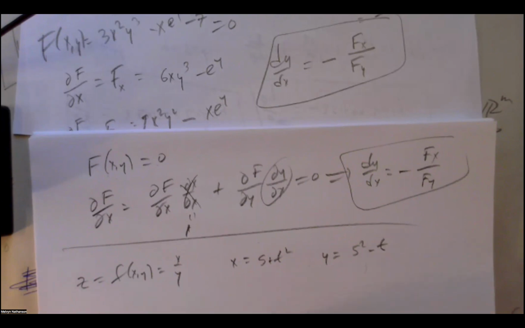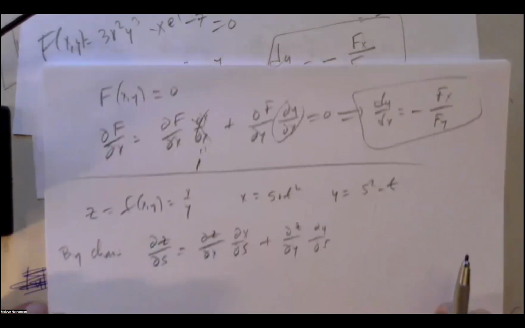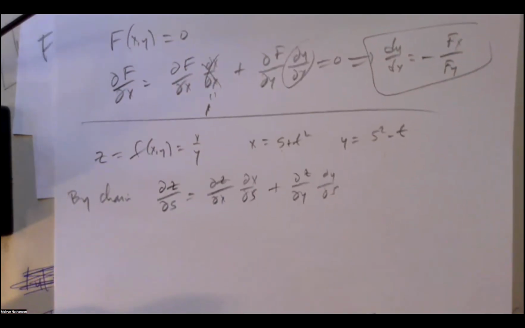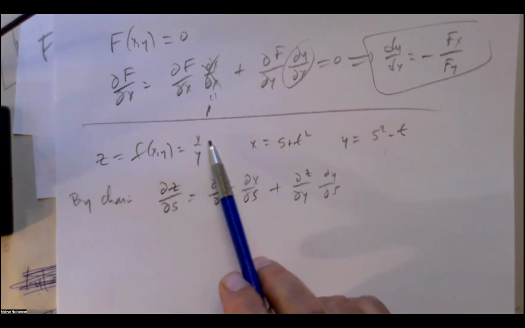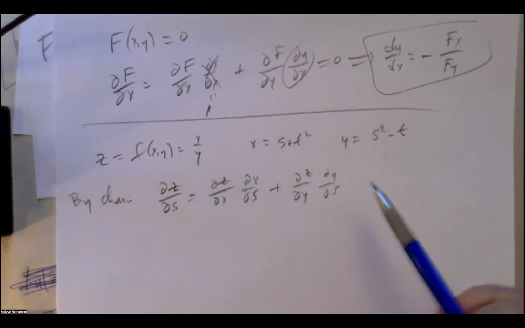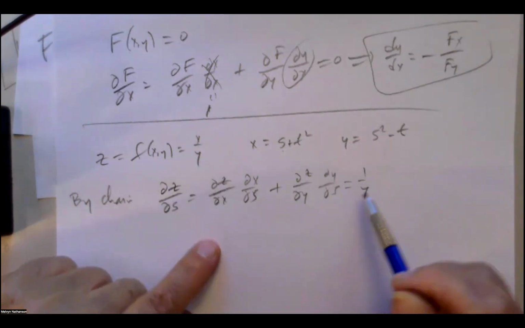So by the chain rule, the partial of f with respect to s, or if you like, the partial of z with respect to s, is partial of z with respect to x, partial of x with respect to s, plus the partial of z with respect to y, partial of y with respect to s. Okay, that's the chain rule. And we have to calculate these things. The partial of z with respect to x is 1 over y.